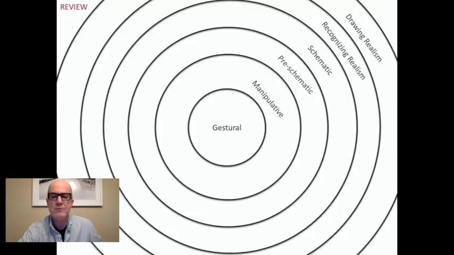And this is a review of my concentric circle diagram again. Repeating what I said last time, there is a value, I believe, in paying attention to the kinds of drawings, the kinds of maps that you make for yourself, because those maps imply ways of being used, ways of moving through the world.